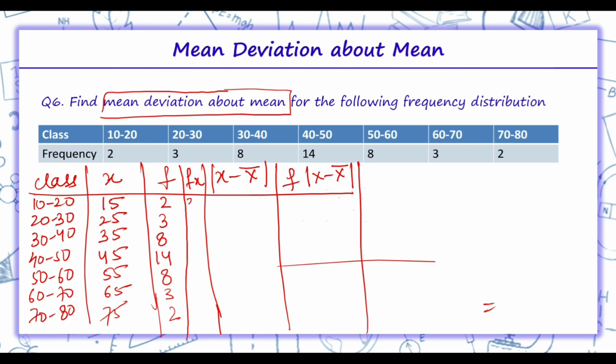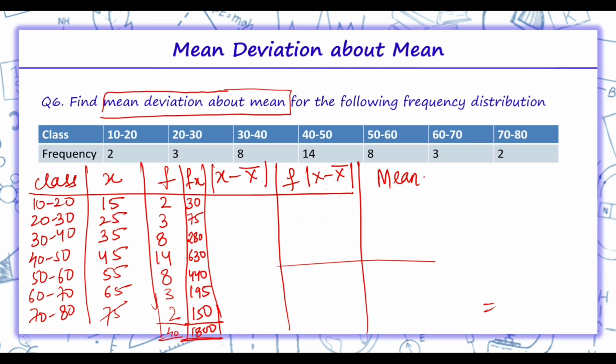So 15 into 2 is 30, 25 into 3 is 75, 35 into 8 is 280, similarly we get 630, 55 into 8 gives 440, 65 into 3 gives 195, 75 into 2 gives 150. Its summation comes out to be 1800, and the summation of f is 40.